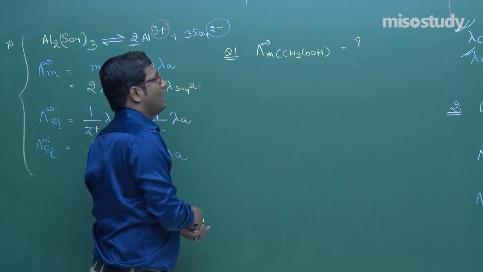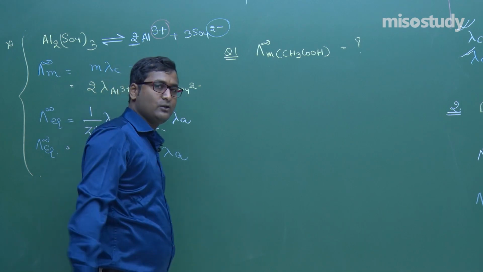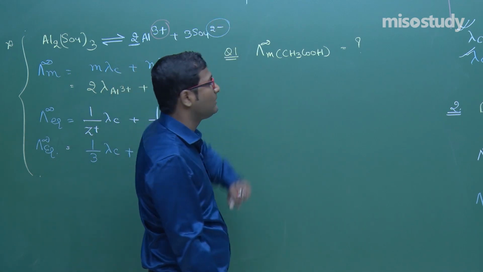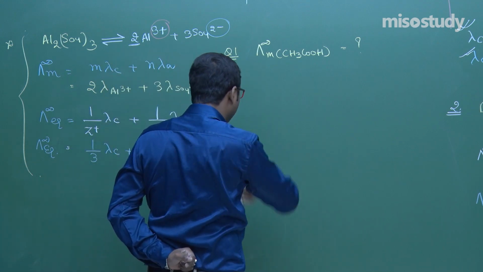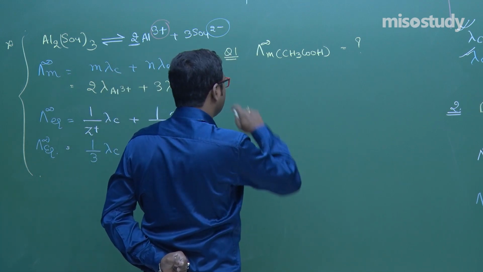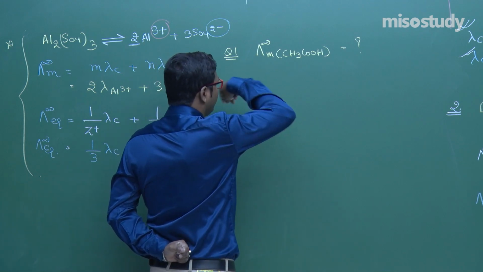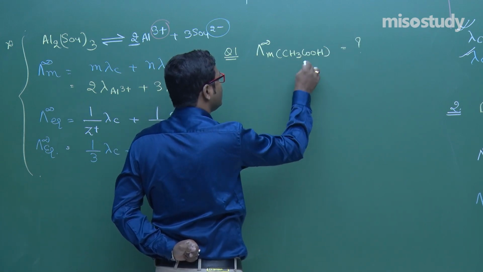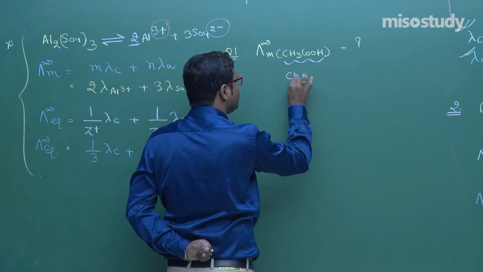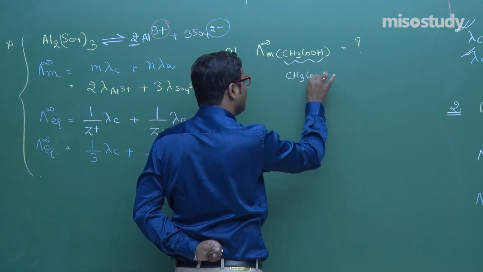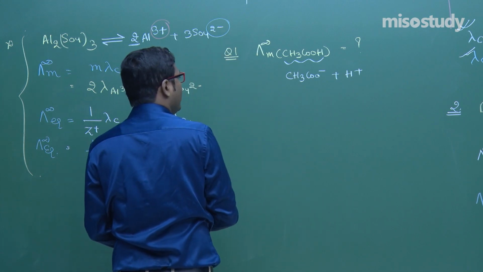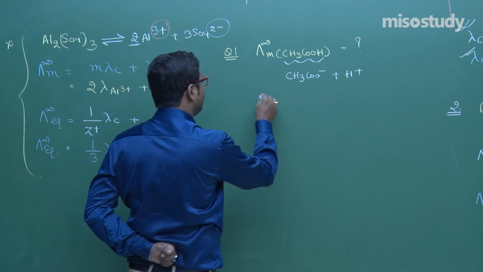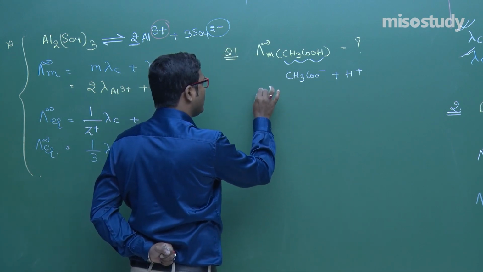Clear? Molar conductivity at infinite dilution of CH3COOH. Now, CH3COOH will dissociate like this, CH3COO minus and H plus. Clear to you?